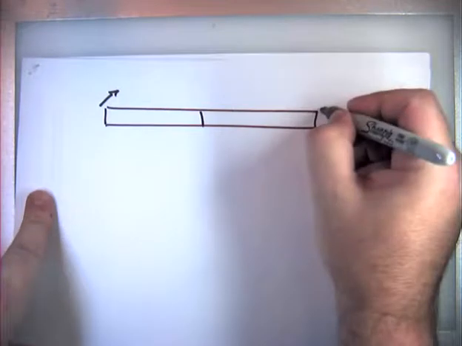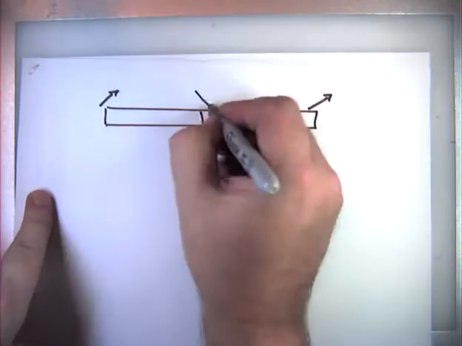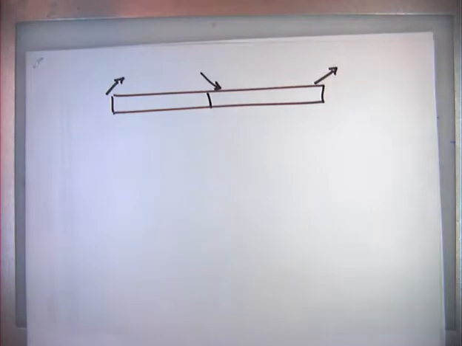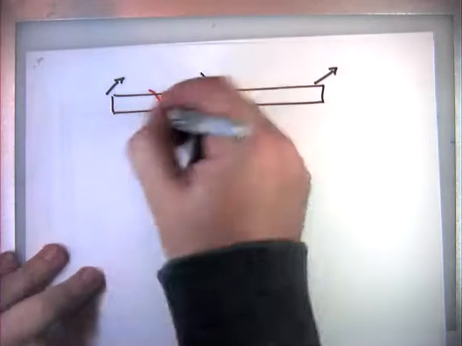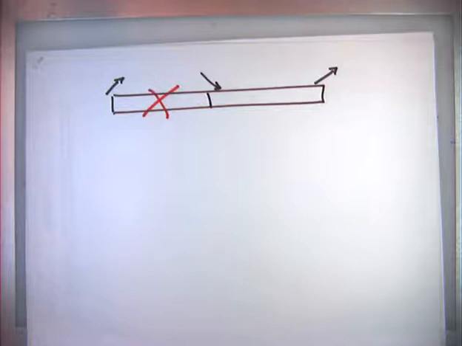Okay, so it's increasing on the boundaries and it's decreasing in the middle. Where is the minimum element? It's got to be in the right half. The local max has got to be on the left, and the local min has got to be on the right. So in this case, I would throw out the left half of the array and recurse on the right.